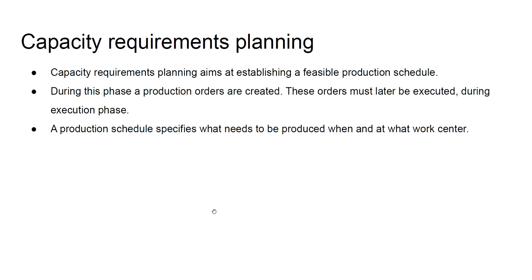So this might include smoothing of production orders that have been generated during material requirements planning due to limited capacity, and eventually this is a step that aims at creating a production schedule that can be handed over to production, and that specifies what kind of order must be executed on what work center at what time.